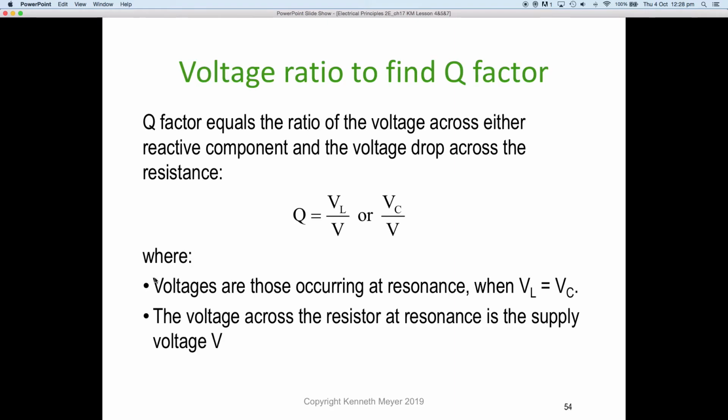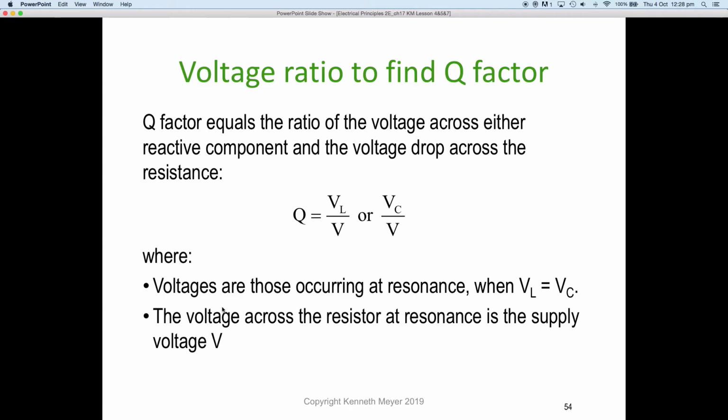Voltage ratio to find the Q factor. Q factor equals the ratio of the voltage across either reactive component and the voltage drop across the resistance. So Q is equal to the voltage across the L divided by the voltage across the supply, or the voltage across the C divided by the voltage across the supply.